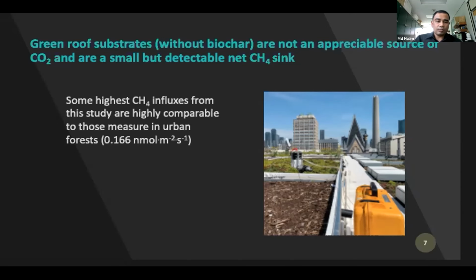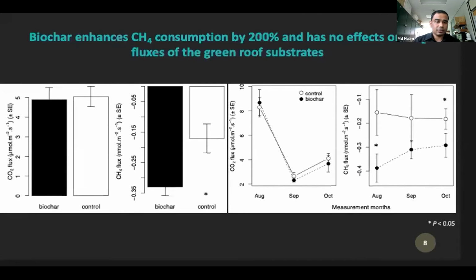So let's see how biochar is doing with the carbon dioxide and methane fluxes. Our results indicate that biochar had no significant effect on carbon dioxide fluxes. However, it significantly improved the methane consumption. In the control plots, the methane consumption rate is similar to the one that we observed at Grid Lab 1 in our other experiment.